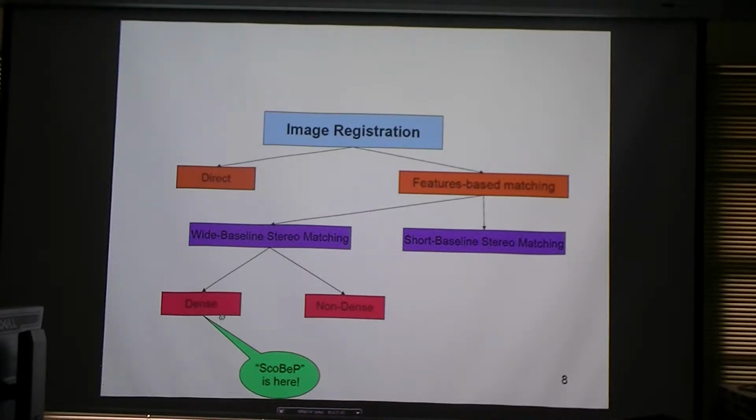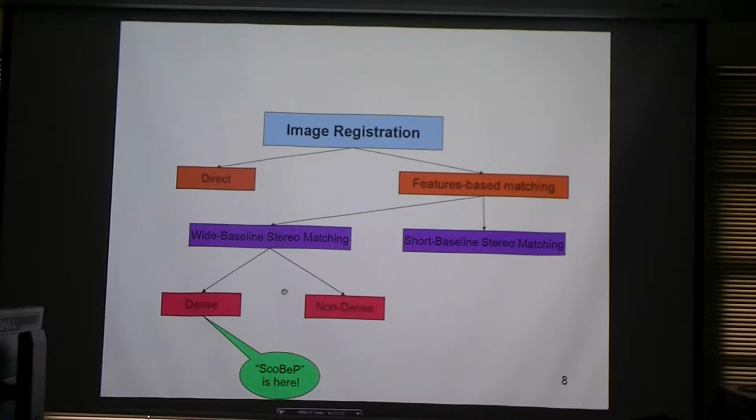Dense means that we use our registration method for each pixel of the image, but non-dense does not use the registration method for each pixel of the test image. Our SCoBeP registration method is here, and you can see that SCoBeP is a dense, wide baseline, feature-based matching registration.